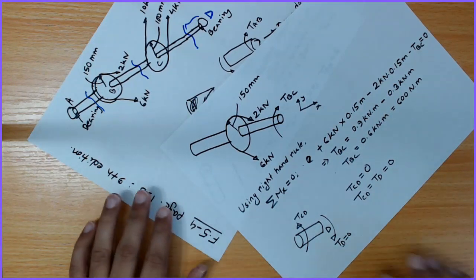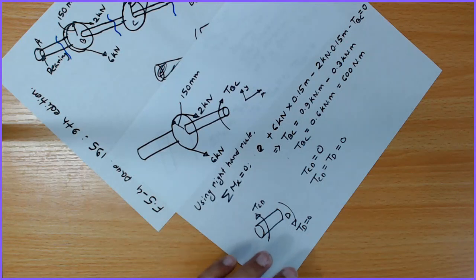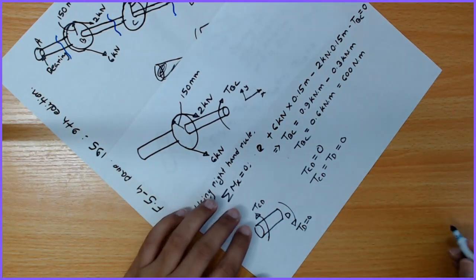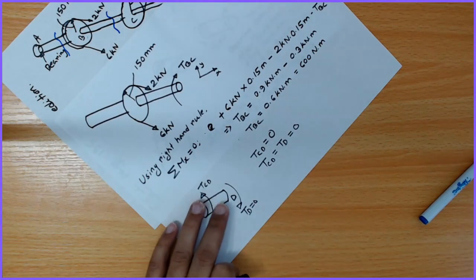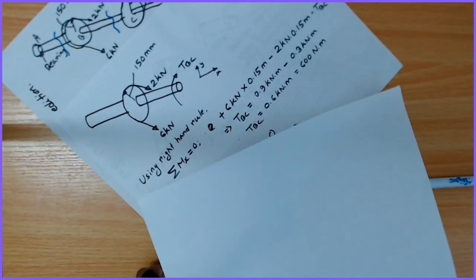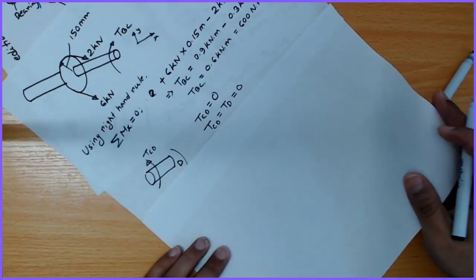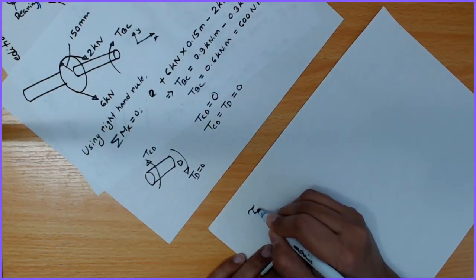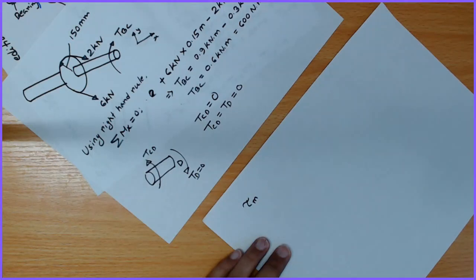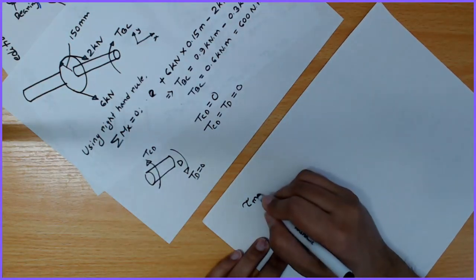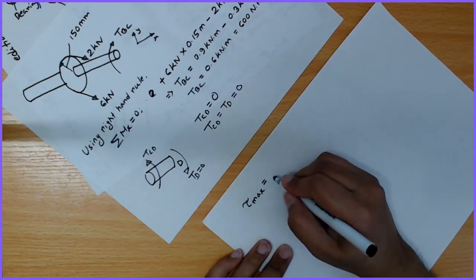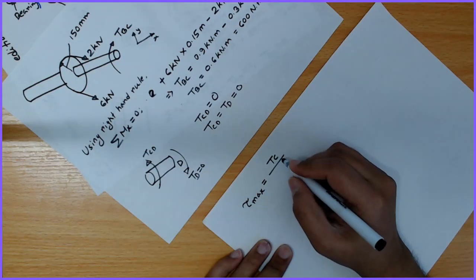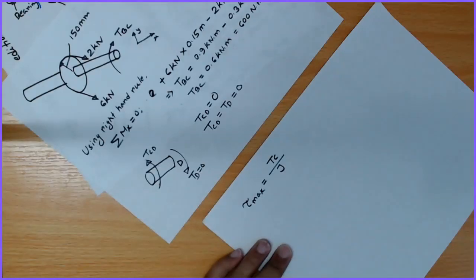We know the maximum shear stress equation: tau max is going to be T c divided by J. We know this equation.